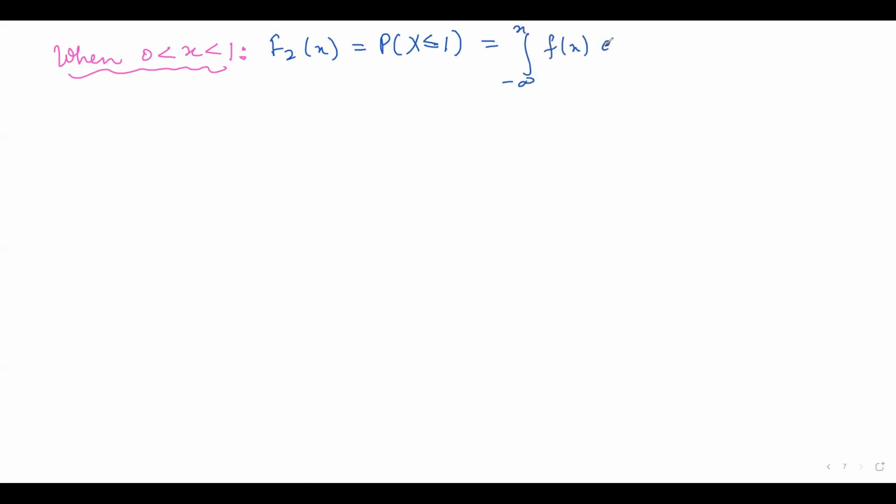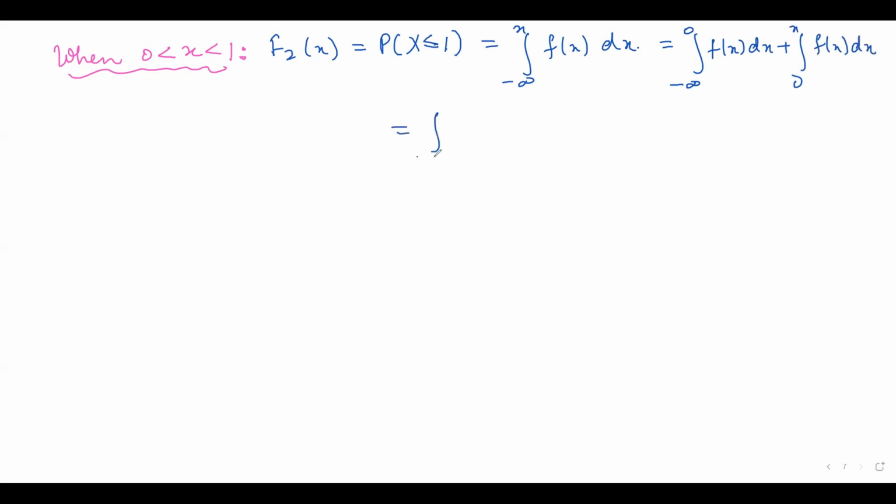Now, when we consider the second case, when x is lying between 0 to 1, here we'll be talking about the f2x, which is p of x less than or equal to x. So this would be equal to the integral from minus infinity to x of fx dx, but we can break it into two integrals, that is minus infinity to 0 plus 0 to x.